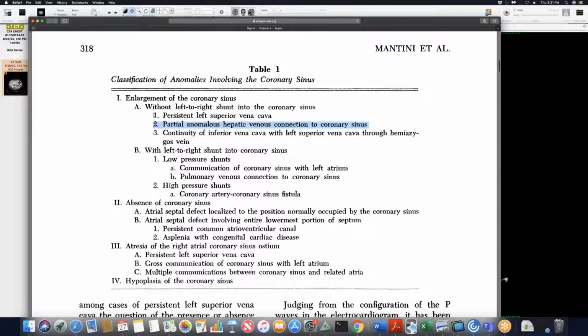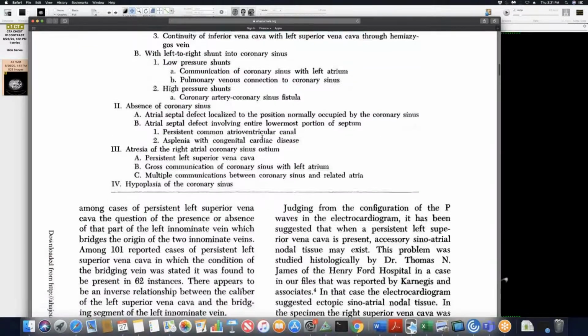The most common one, number 1, is persistent left superior vena cava, which I think we all see relatively commonly, draining into the coronary sinus. But we thought this was a case of number 2 here, partial anomalous hepatic venous connection to the coronary sinus. They do a pretty good job here.